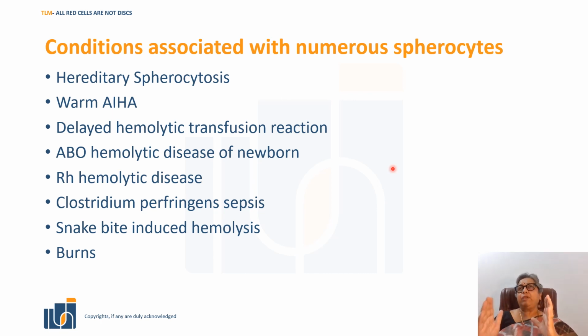But other hemolytic anemias like warm autoimmune hemolytic anemia, delayed hemolytic transfusion reaction, ABO hemolytic disease of the newborn, Rh hemolytic disease of the newborn, Clostridium perfringens sepsis, snakebite-induced hemolysis, drug-induced hemolysis, and burns-induced hemolysis will all give you plenty of spherocytes on your smear. So if you are looking at a smear and finding plenty of spherocytes, then you should think of hereditary spherocytosis first, especially if it's uniform, or other causes of hemolytic anemia.